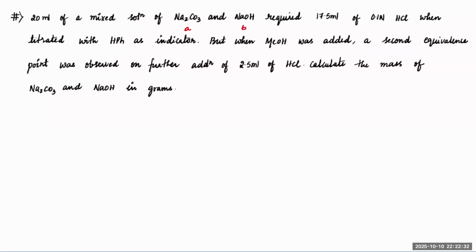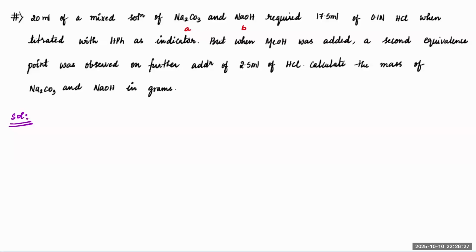That means a further 2.5 ml of HCl was used. Find the mass of Na2CO3 and NaOH in grams. We didn't take two different solutions. We took the same solution. First, we titrated with phenolphthalein. Then we continued with methyl orange. Try it for a minute, then I'll discuss.